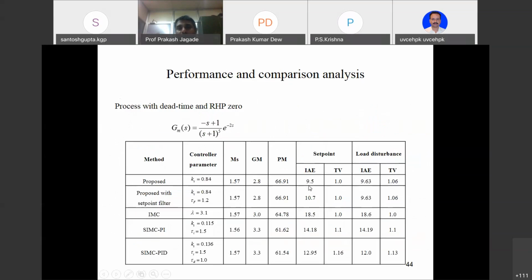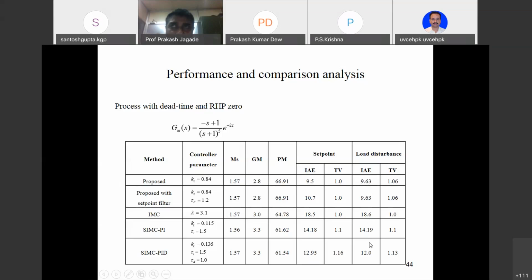Again, you can see here the IAE value for our proposed control scheme is 9.5, whereas for IMC it is 18.5, 14.18 for SIMS PI, and 12.95 for SIMS PID. For set point change and load change also, you can see our control scheme is able to give a lower value of IAE, 9.63, compared to IMC, SIMS PI and PID.